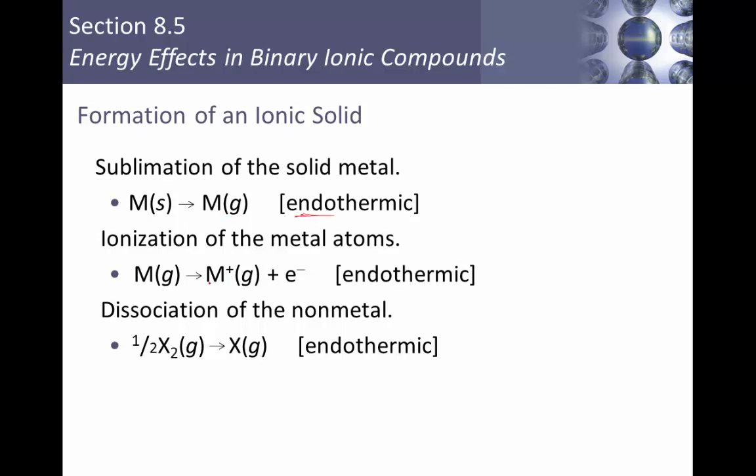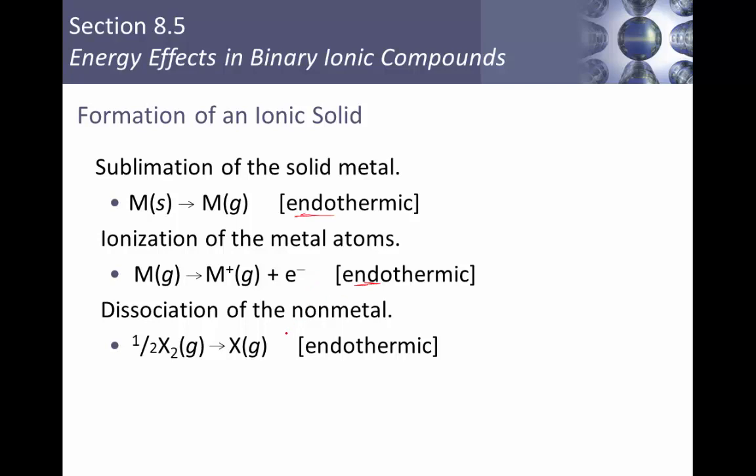Now once we get it in the gaseous phase, we have to take an electron away from it. That's called ionization energy. It takes energy going in to remove that electron. So again, we've got an endothermic step here. So we've got our metal ion formed.